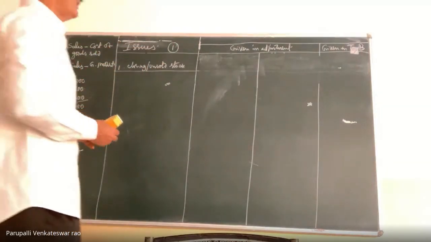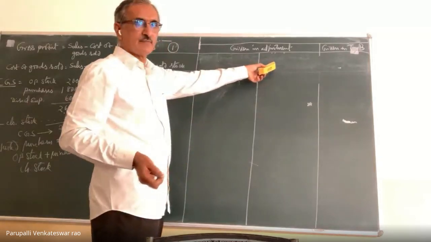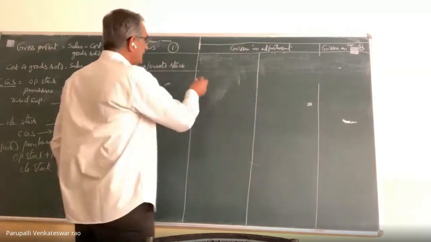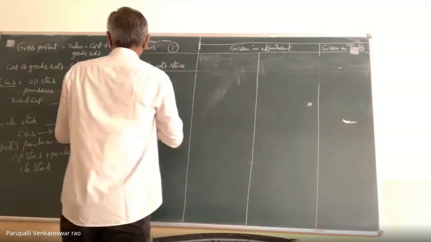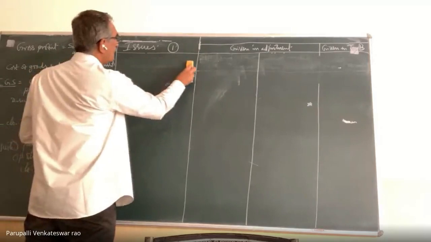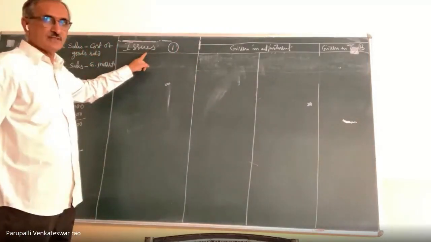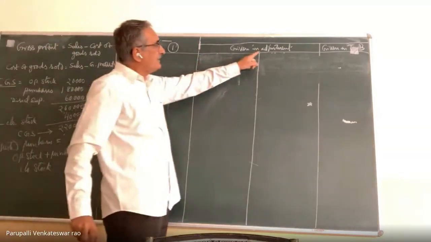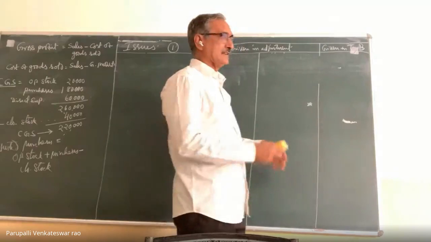Now, when it comes to given in adjustments, this is divided into two. Now it is clear. Issues, given in adjustments. The last column is given in trial balance.